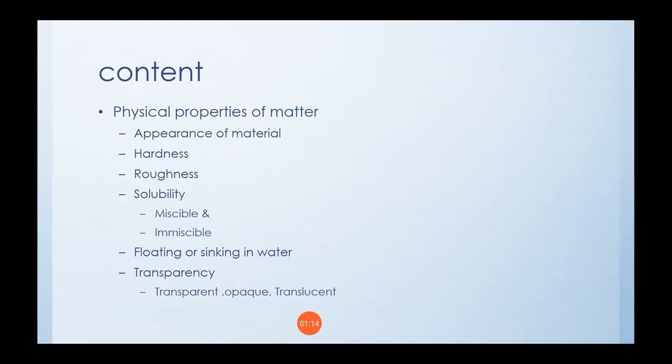Now we are going to see the last part of this unit, physical properties of matter. Before moving to the topic, we want to know what matter is. In the earlier class we read very clearly: matter is a substance which has some mass and can occupy some space.